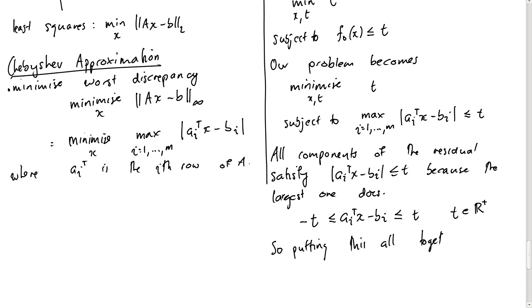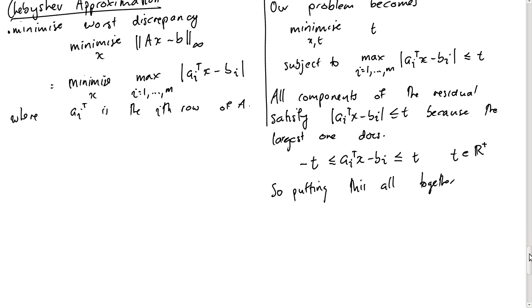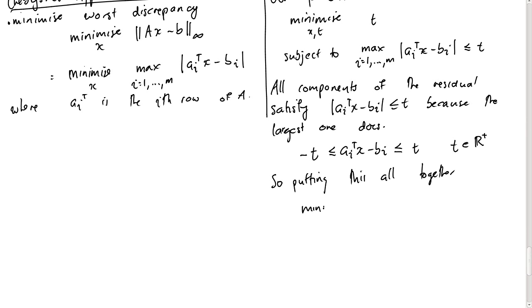we do get a linear program. We want to minimize. Don't forget we've added in one new variable, so we've made our decision variables vector one longer by adding t into it. Minimize t, subject to two sets of inequalities. Now I'm just going to rearrange these ones up here to put the t's on the left hand side.